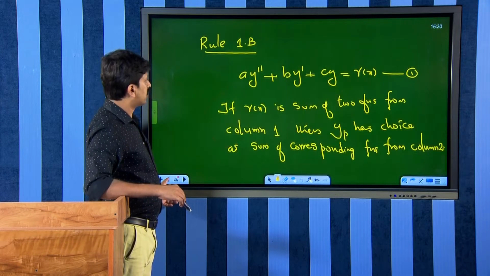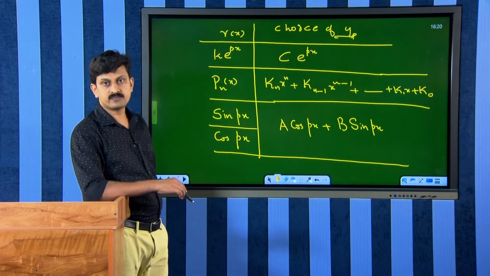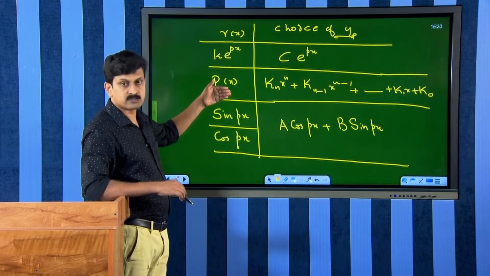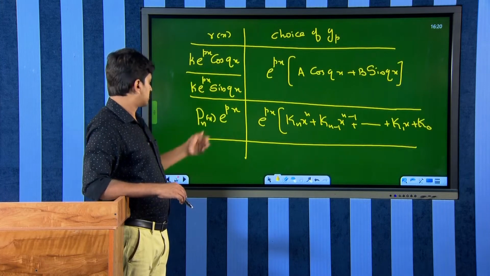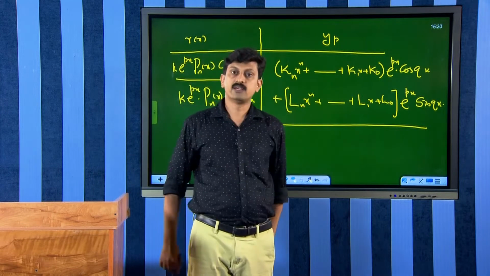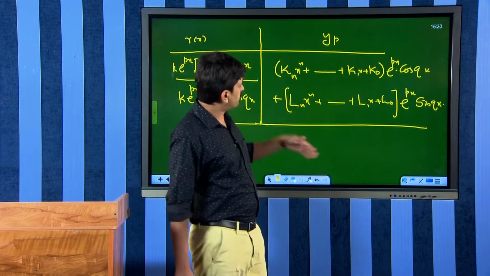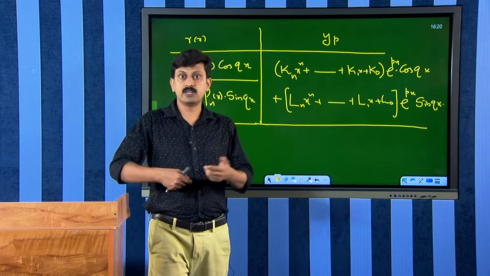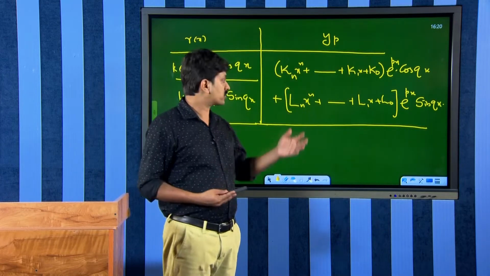There are some choices for y p. Maybe r of x is an exponential function, maybe a polynomial function, maybe a trigonometric function, maybe a combination. In all those cases we have a general choice for y p, and after applying that y p in the original differential equation, we get the values for these coefficients or constants.